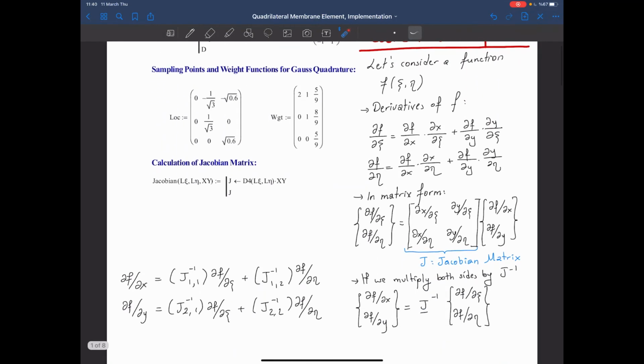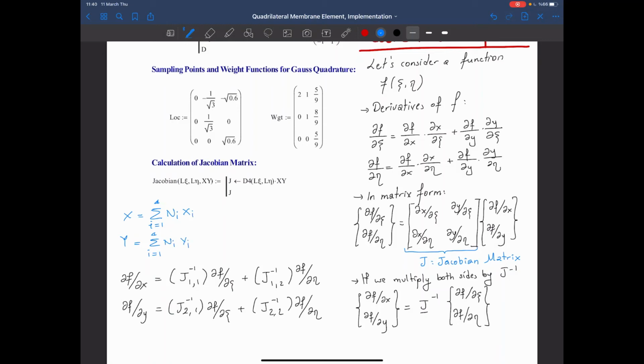Okay, and if you remember, we made our coordinate interpolation as follows: x is equal to the sum from I equals 1 to 4 of Ni xi, and y is equal to the sum from I equals 1 to 4 of Ni yi, right?